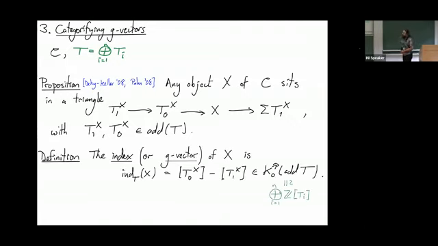So the index or the G vector of the object X will be defined as follows. You take this object here, you view it in the Grothendieck group, the split Grothendieck group of add T. That's just the free abelian group generated by symbols that correspond to the indecomposable summands of T. And the index of X, or the G vector of X, is the class of T0 minus that of T1.